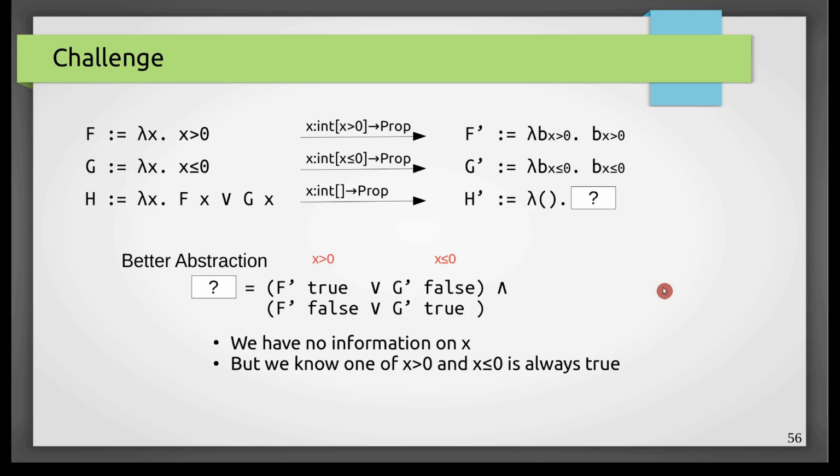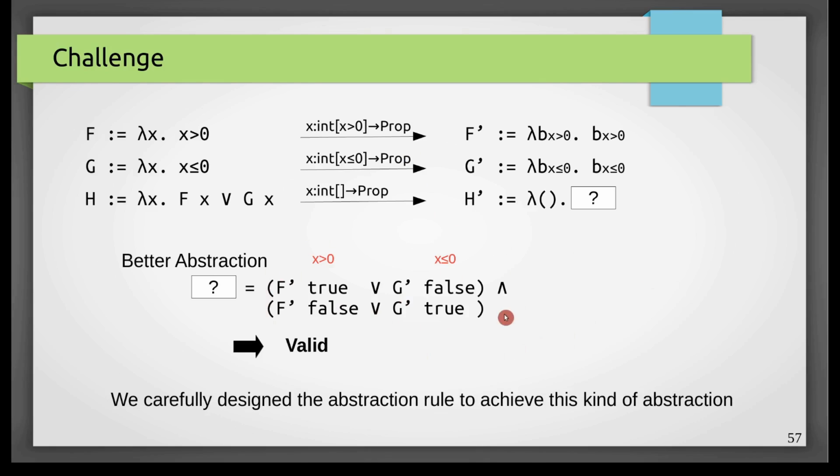However, by focusing on the fact that one of x greater than 0 and x no greater than 0 is always true, this abstraction is also possible. And this one is valid. We carefully designed the abstraction rule to achieve this kind of abstraction.